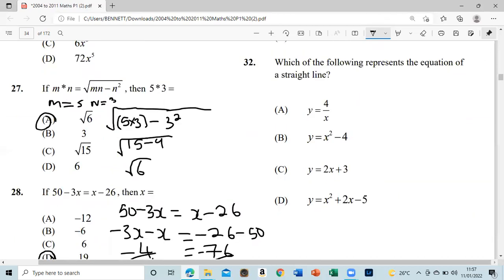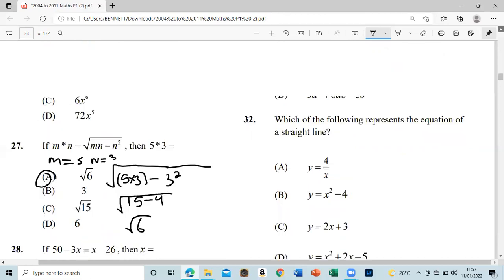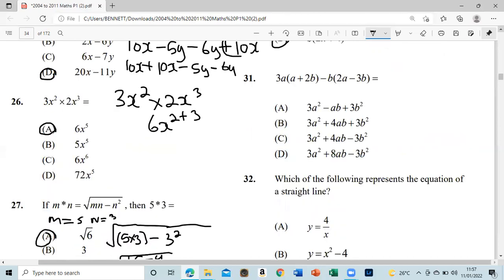So you set up, you set up 31. All right, so we're on to 31. So we're gonna expand the bracket. I don't have to write out this. So it is 3a times a. That will be 3a squared. 3a times 2b, 3 times 2 is 6.